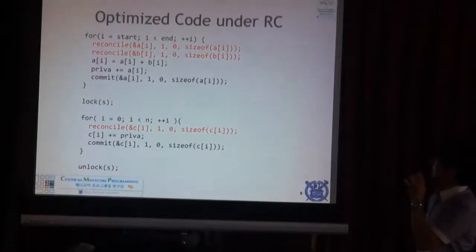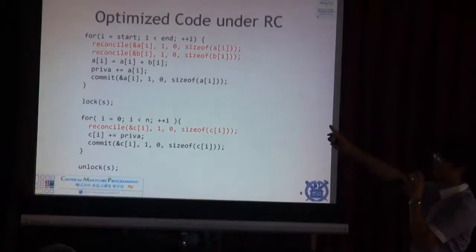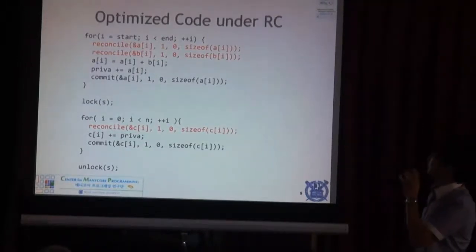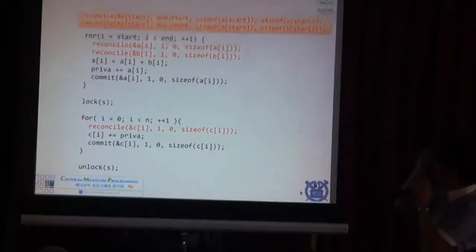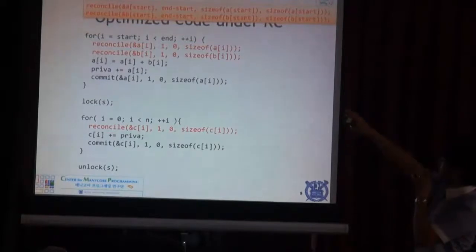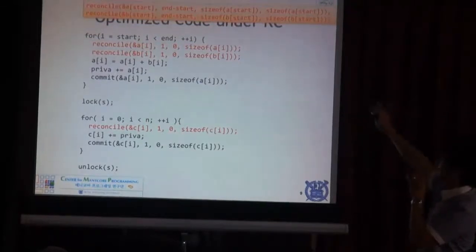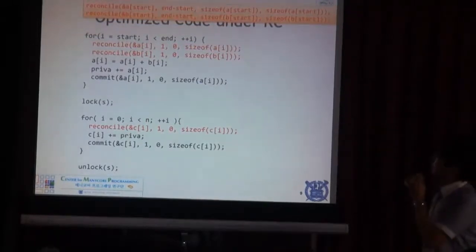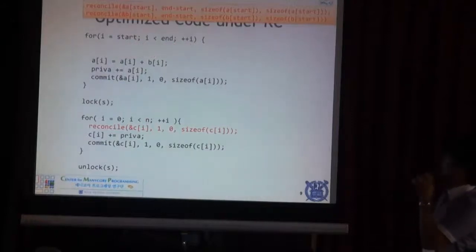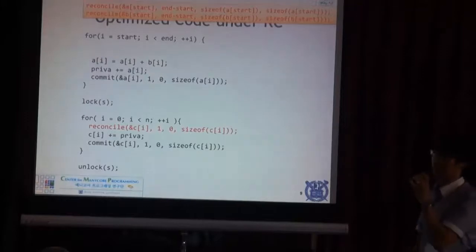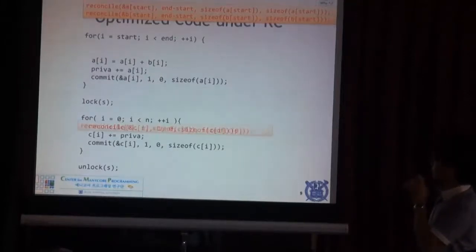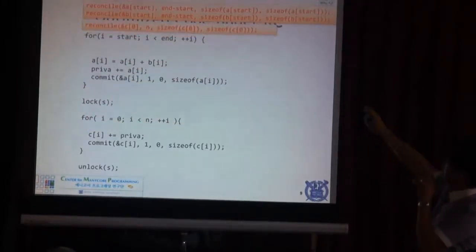The first one is the start address. The second one is the number of items. The third one is the stride. The last one is the size of an item. So when we merge the operations, the parameters are changed like that. And then we move the reconcile operation there. And then think about the last reconcile operation. We want to move this operation to that point.